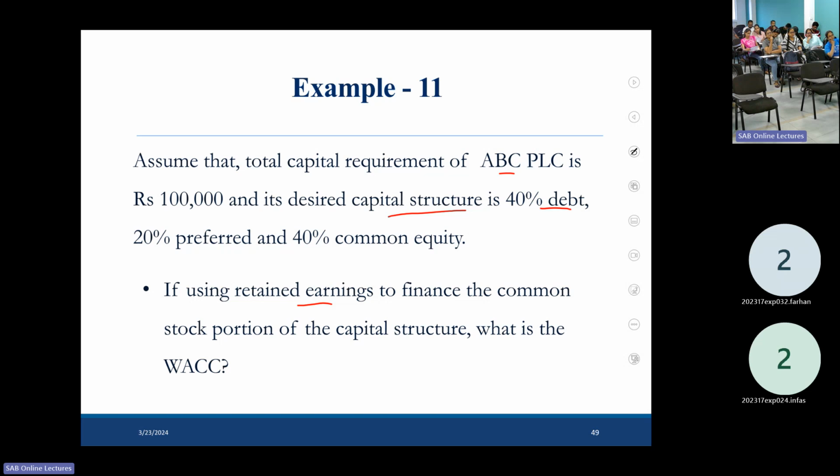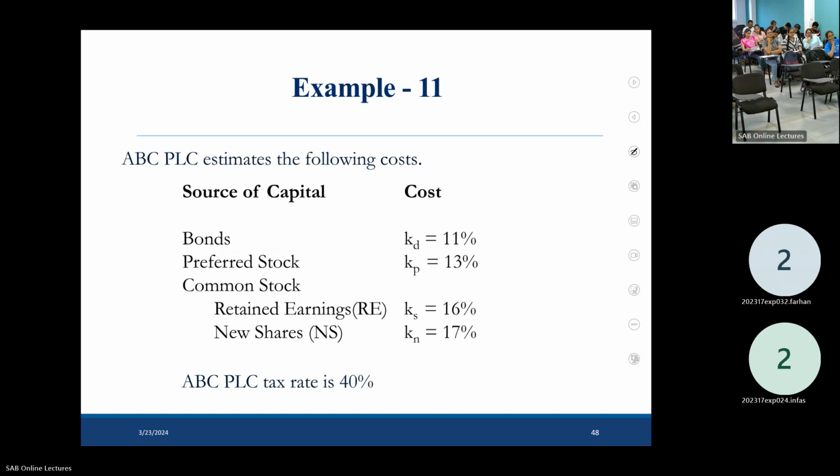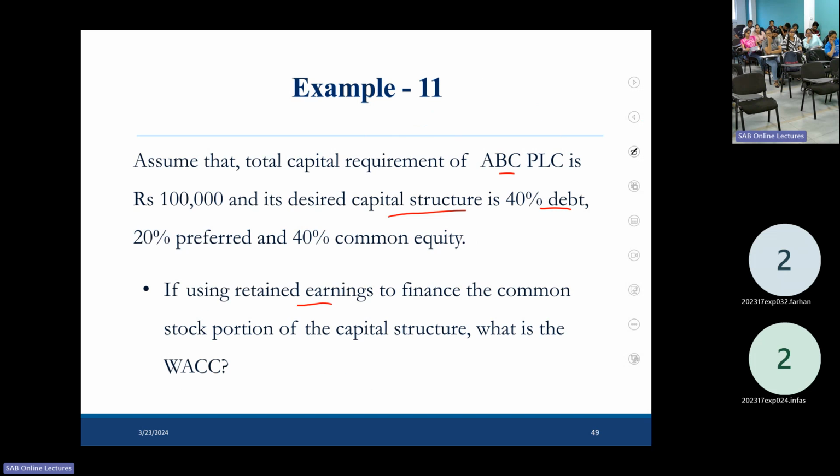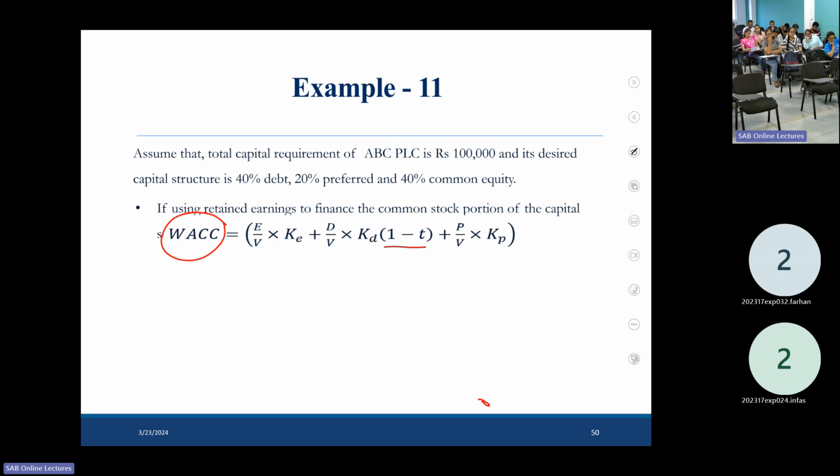You can use this information. These are the first information, and then these are the weights or the capital structure: 40% debt, 40% equity, 20% on preference shares. So just calculate the weighted average cost of capital for the company using this formula.